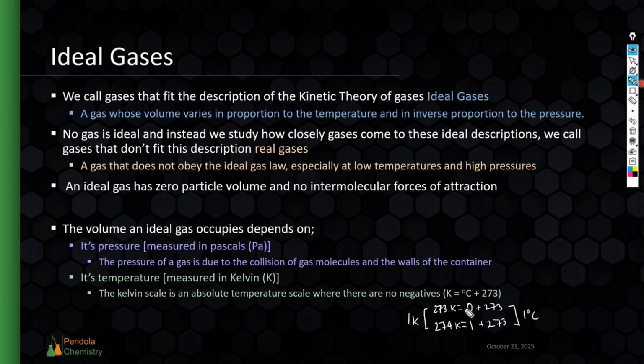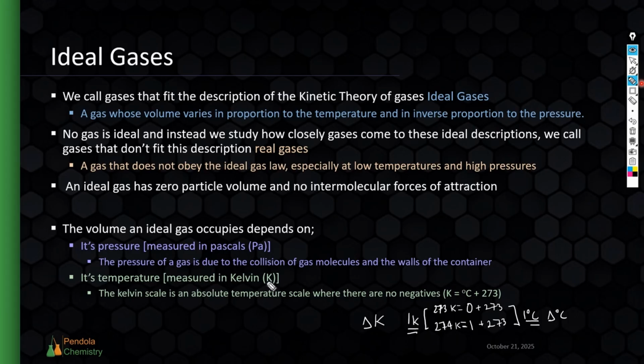So even though 0 Kelvin is not equal to 0 Celsius, or 1 Celsius is not equal to 1 Kelvin, the change in degrees Celsius of 1 degree Celsius is equal to the change in Kelvin of 1 Kelvin. So this is what we call equivalent scales, because if we go up by 1 Celsius, it goes up by 1 Kelvin, even though 1 Celsius is not equal to 1 Kelvin.